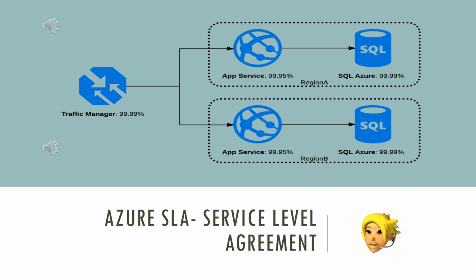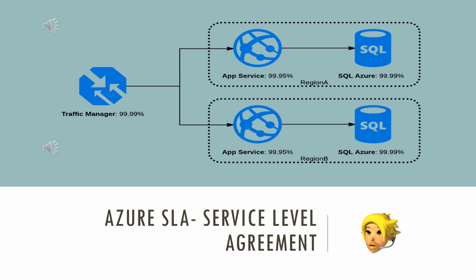Azure SLA, service level agreement. A web application along with a SQL database is your composite SLA, service level agreement. Then there is the standalone SLA, that is the standalone service level agreement. So how to increase it?